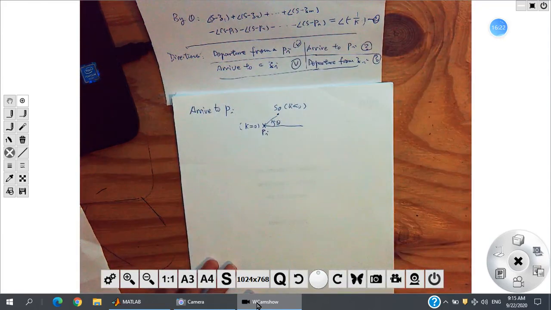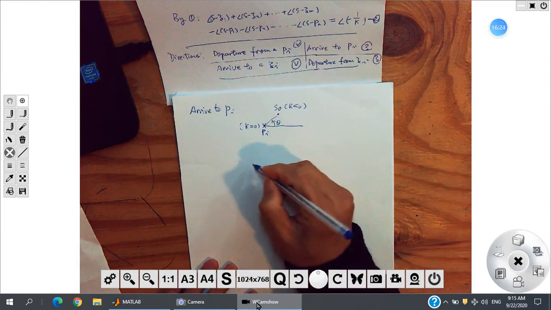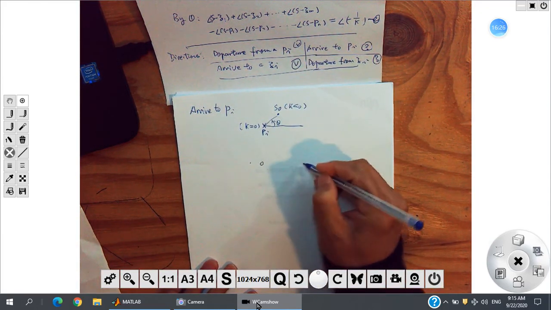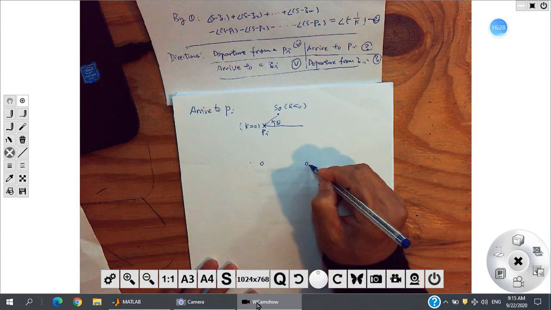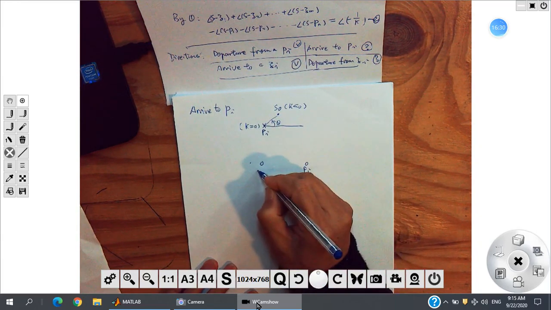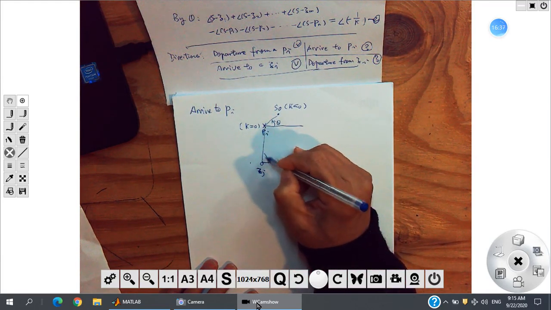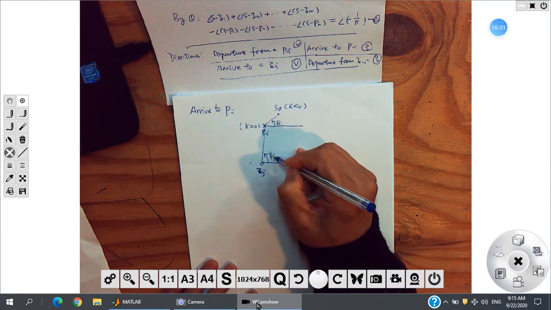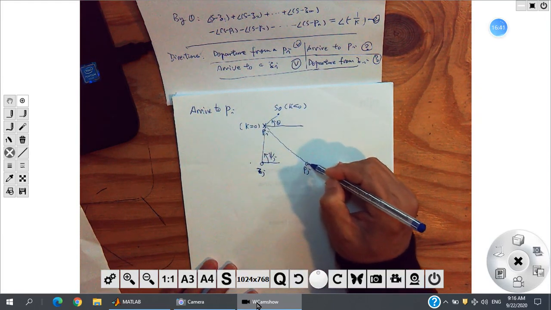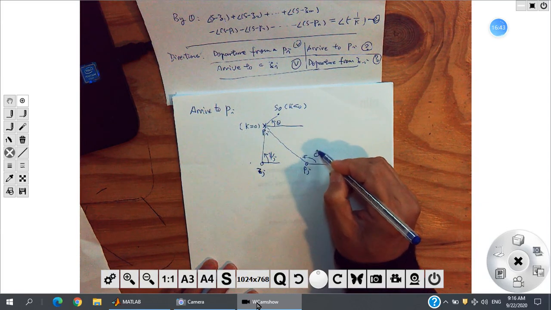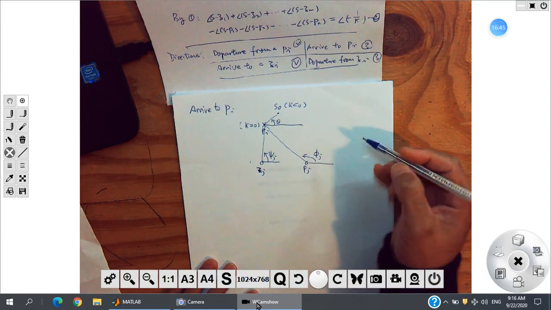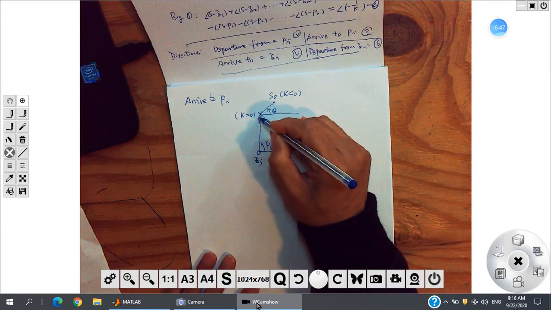I give the graph. We have a 0 here. All the other Pj, and this is a Z, a Zj. Then we have the angle here. This is a phi j, and the angle here. These are the phi j. Okay, and PI.